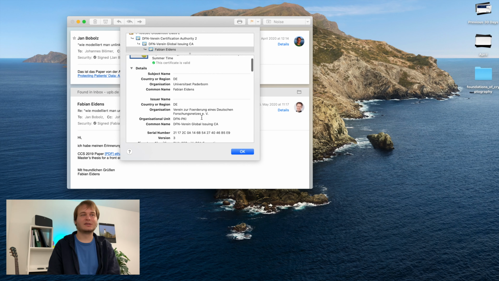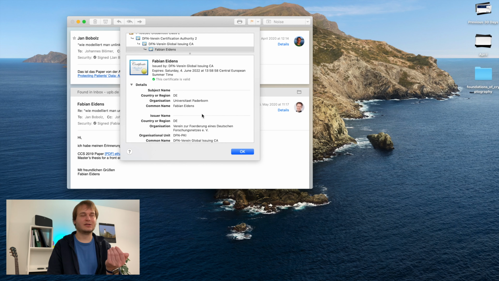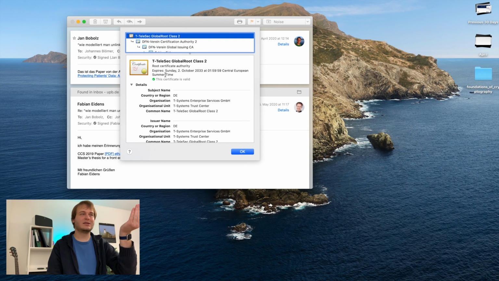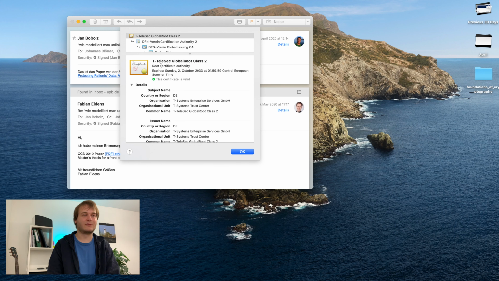Now the interesting thing is I don't actually even trust directly the DFN, so the Deutsches Forschungsnetzwerk. I'm only trusting them because there's a chain of certificates that I'm trusting. So in the end, I'm actually trusting this certificate, which is the so-called root certificate.